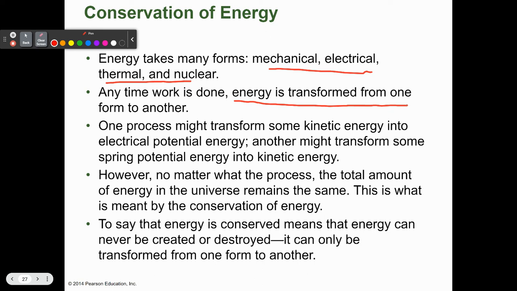No matter what the process, the total energy stays the same. The total energy in the universe stays the same because we can't create energy, we can't destroy energy. So energy is always conserved. It just gets transferred and transformed from one form of energy to another.